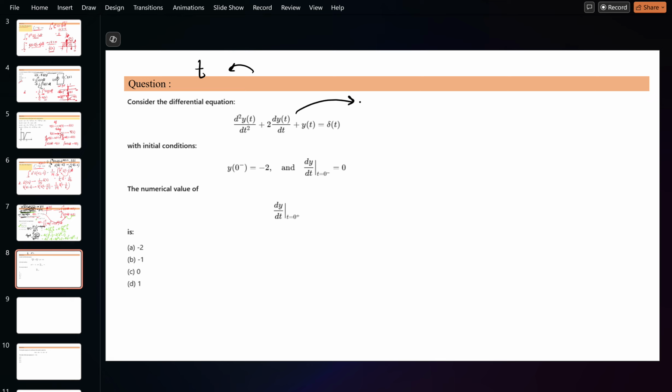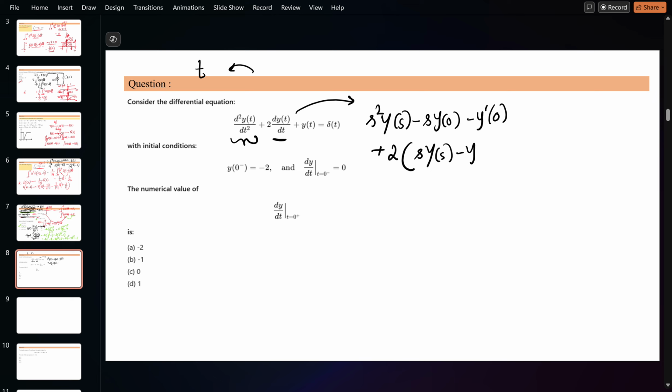So when you convert here, d square y becomes s square Y(s) minus s y(0) minus y dash (0). And 2 times dy by dt is 2 times s Y(s) minus y(0), plus Y(s), because y(t) will become Y(s).